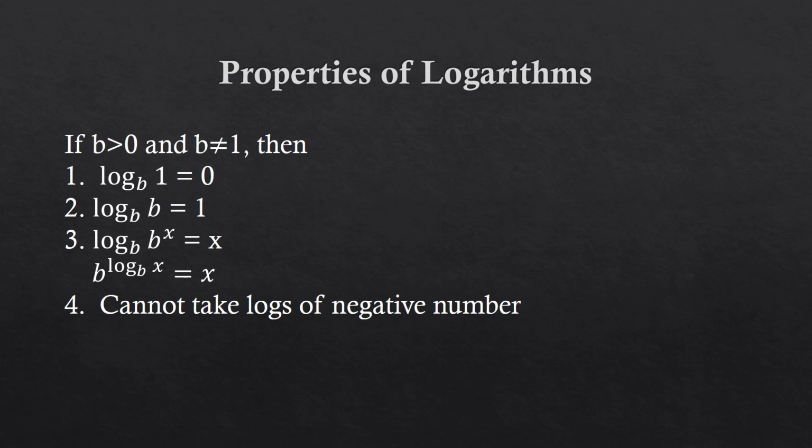Next, log of b to the base of b will be equal to 1. If you have the same number on the base and the number here, automatically that will be equal to 1.